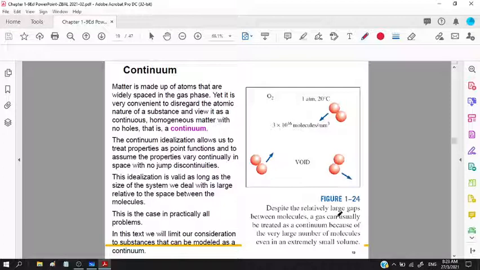The second example is air. We know that air consists of nitrogen and oxygen, 79% nitrogen and 21% oxygen. So if our system is dealing with air, we assume that air always contains oxygen and nitrogen. So that is continuum.